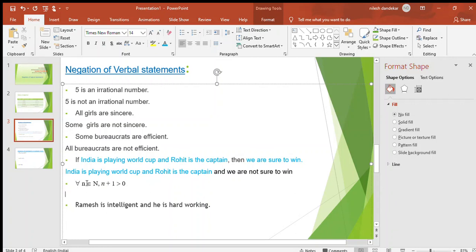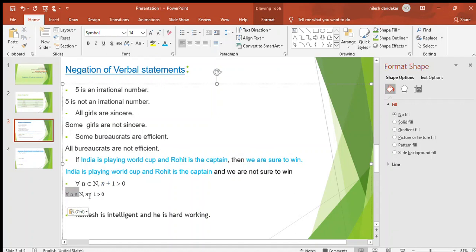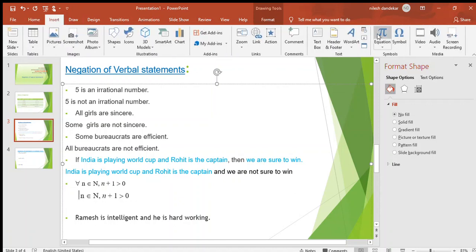For all n belongs to N, n plus 1 is greater than 0. So again it is a simple statement, not a compound one. So I write the simple statement as it is. Now, for all is replaced by the there exists symbol.